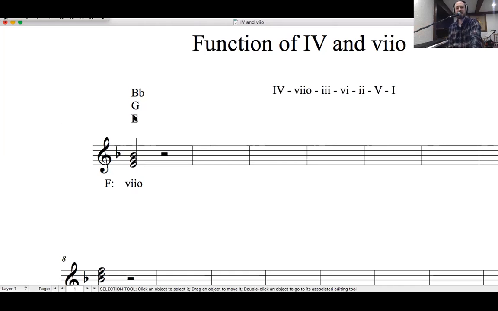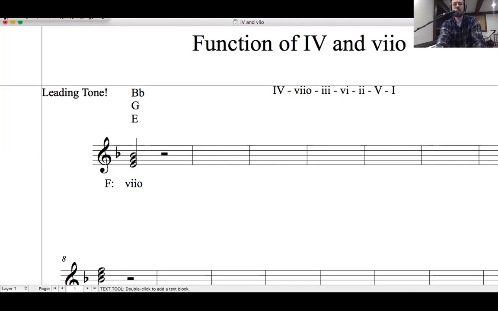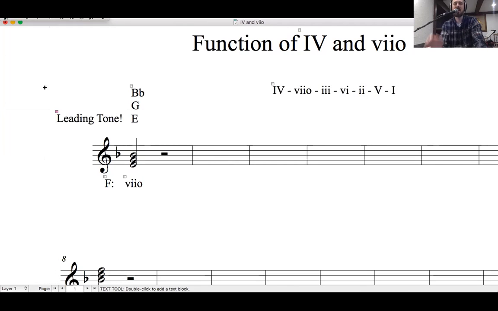Well, it's E. We've given E a special name because it's the leading tone, right? So we know that E is a very important note in the key of F major because it leads to F. We saw that all the way back just in talking about major scales.